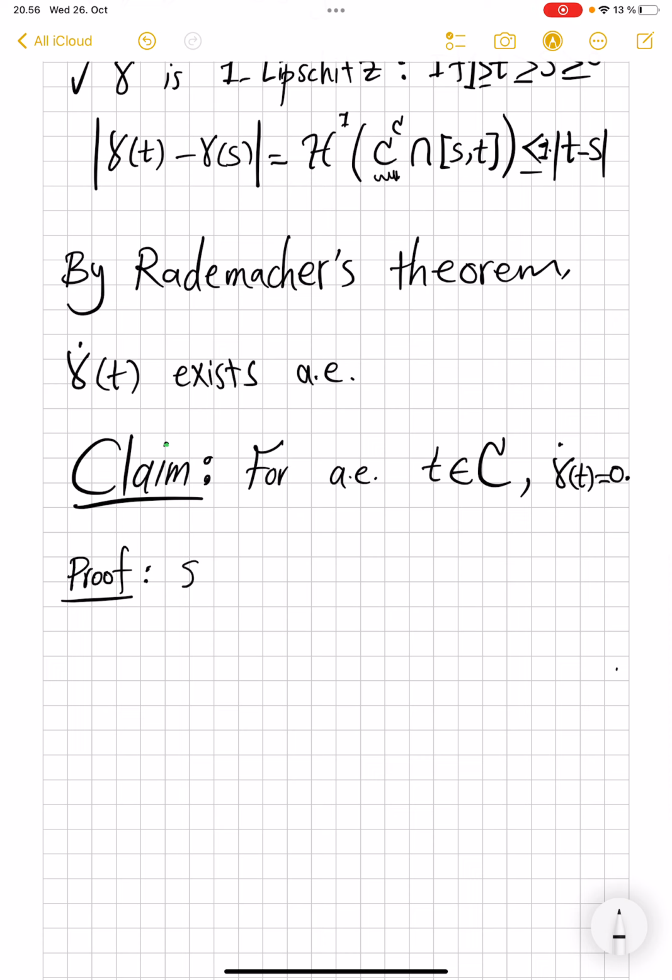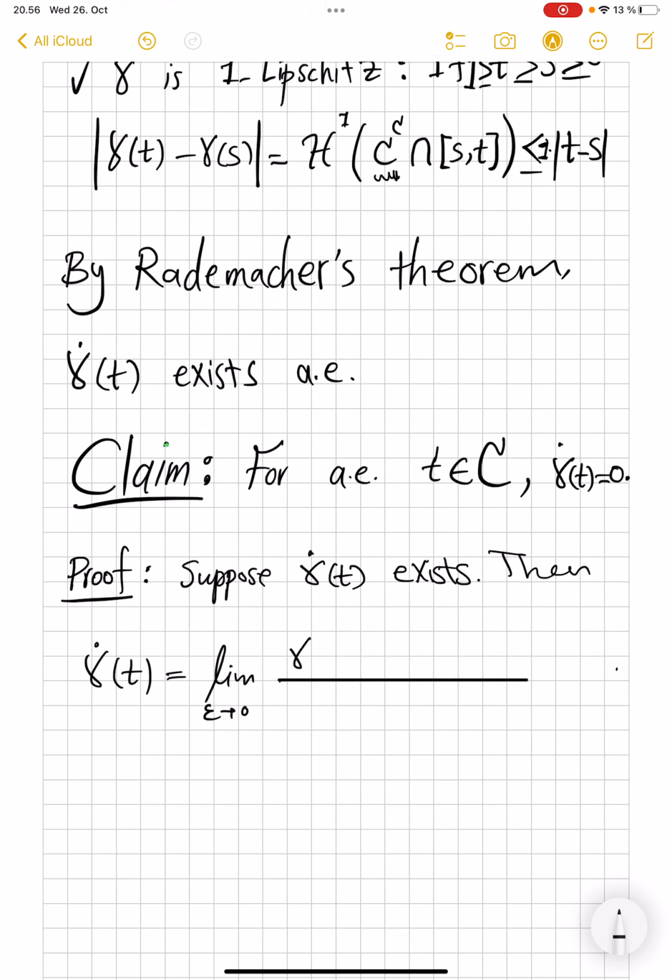Okay, suppose gamma prime of t exists, which happens almost everywhere by Rademacher's theorem again. Then we have this easy calculus formula that, well, usually the derivative is defined by comparing gamma t plus h to gamma t, but also there is this double-sided version.